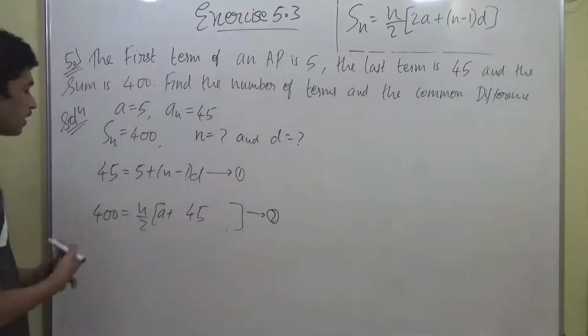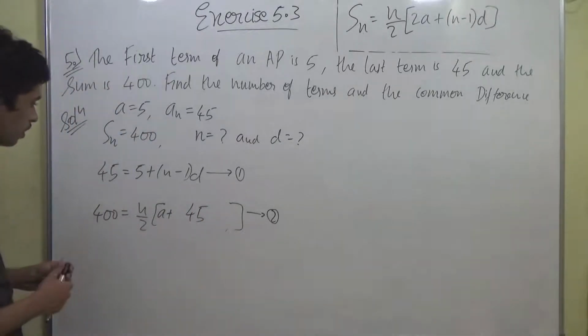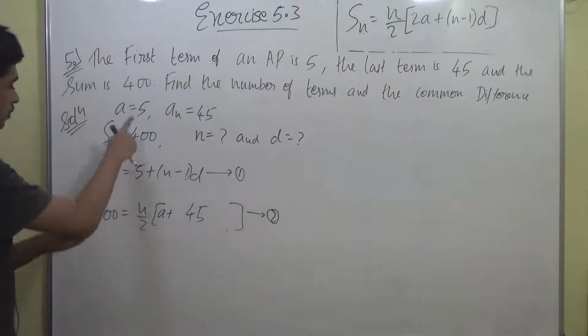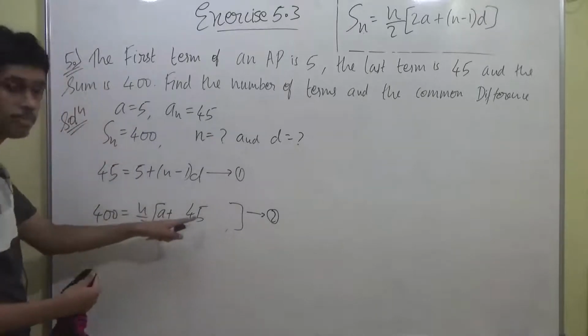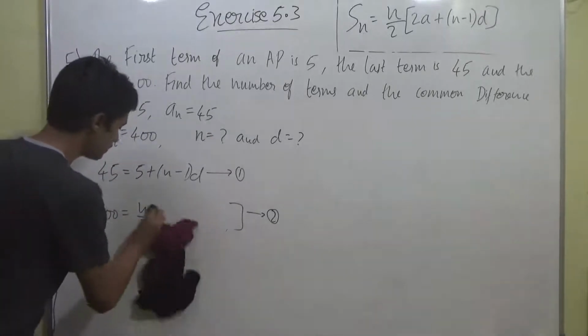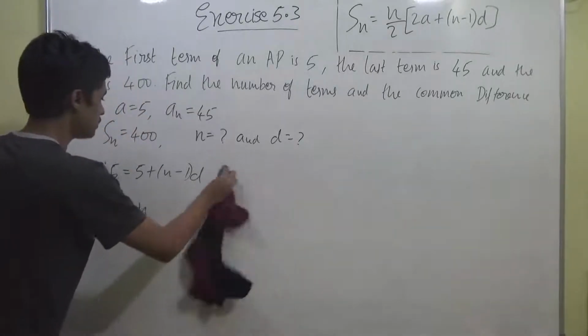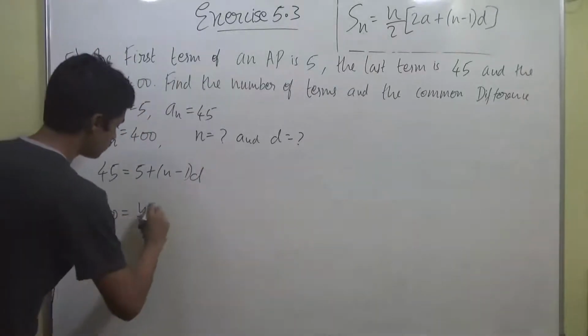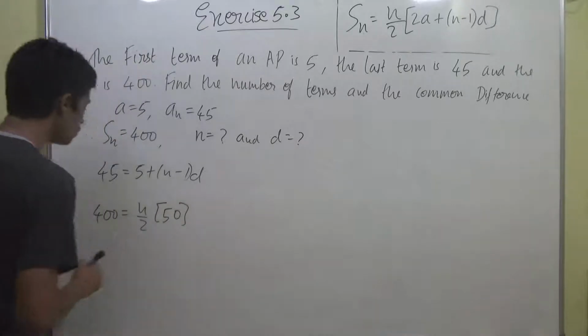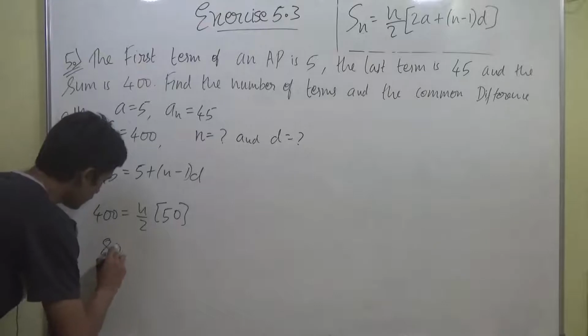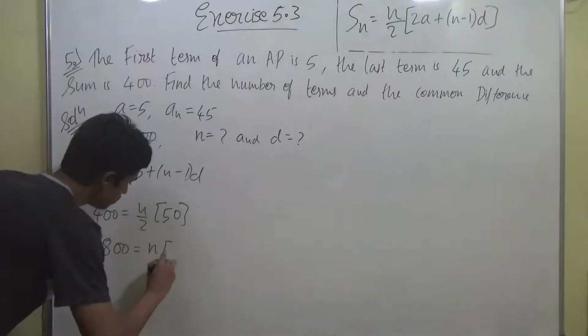So it becomes a plus 45, and a they have given as 5, right? So this becomes 5 plus 45, that is 50. So this whole thing doesn't become equation 2, just keep this as one equation. This becomes 50. Now I'll start cross multiplying it. If you cross multiply, it's going to become 800 equal to n into 50.